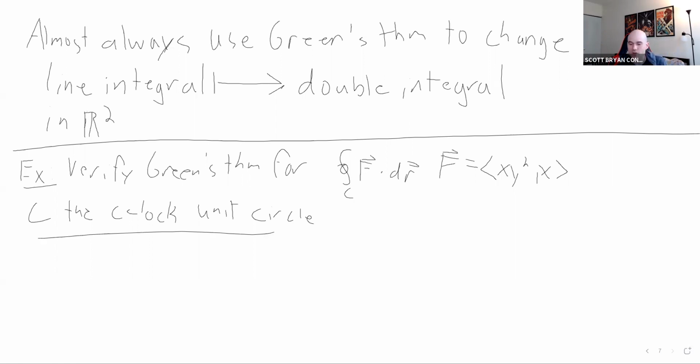Okay, so let's do the line integral. So we have the counterclockwise oriented unit circle. Let's parameterize it. Unit circle going counterclockwise, how do I want to parameterize this? So I let x be what?